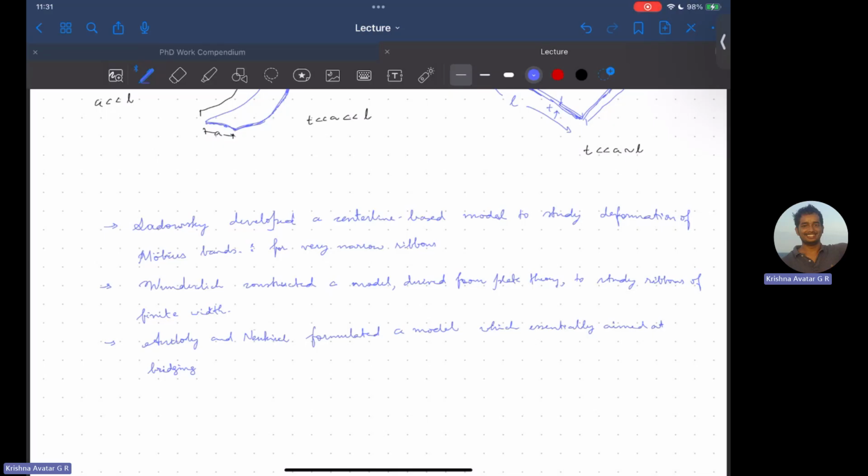It aimed at bridging the Sadowsky and Wunderlich models. So this was how it was done.